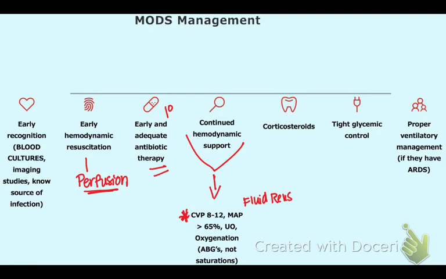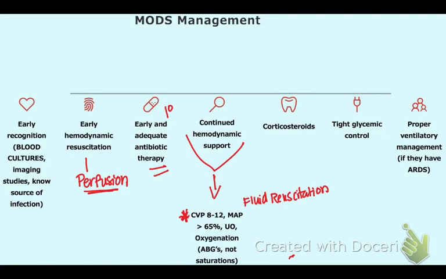We need it greater than the norm. Remember, the norm is, I think, 2 to 8. So we want it 8 to 12. And sometimes with hypovolemia, we may even want it higher than that, maybe 15. But the main thing is we want it more.